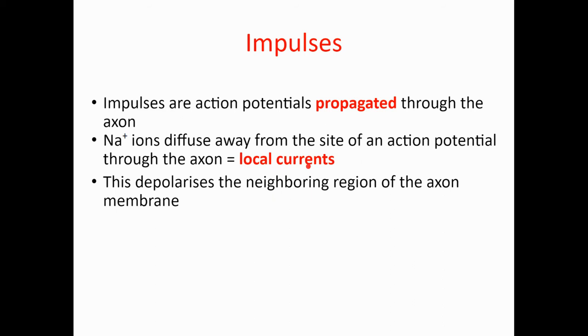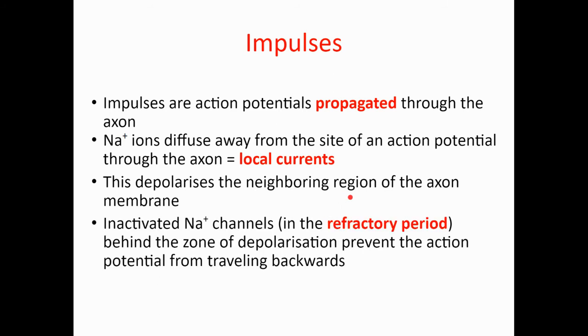And as the ions diffuse, they take that positive charge with them and they depolarize the adjacent or neighboring region. Okay, so that adjoining region, the region next to the original one where they diffused through the membrane into the axoplasm, they start to depolarize the next region along the axon.